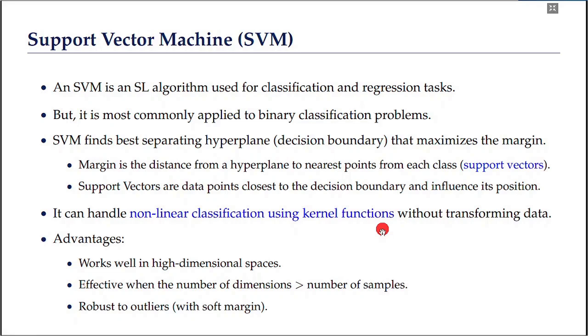So compared to the logistic regression model, the support vector machine has some advantages. One, it can work well in high dimensional spaces, and it can even be applied when the number of variables or dimensions is larger than the number of samples or observations.